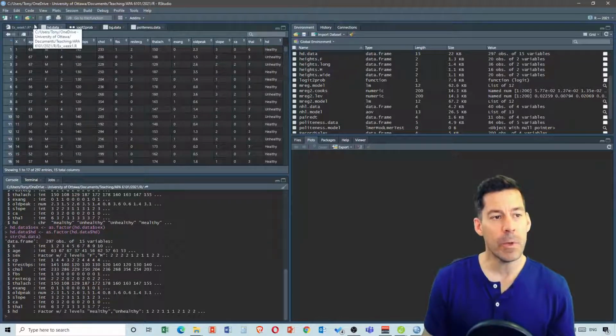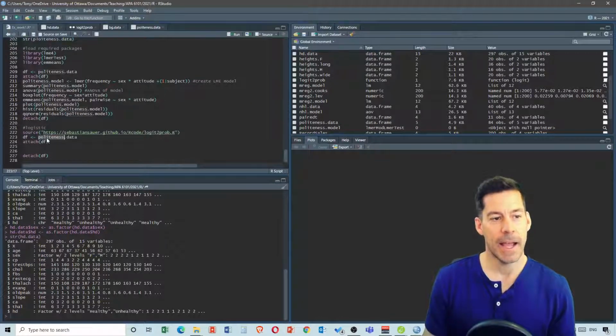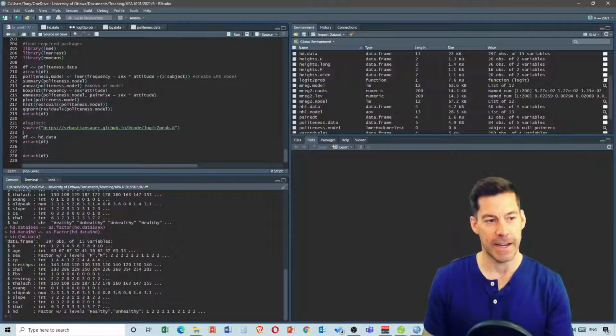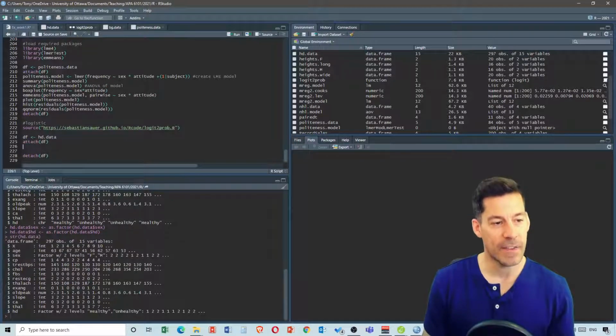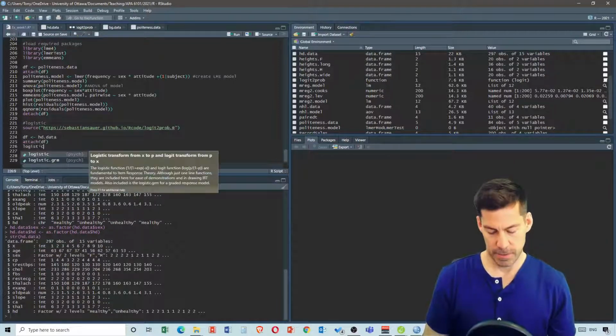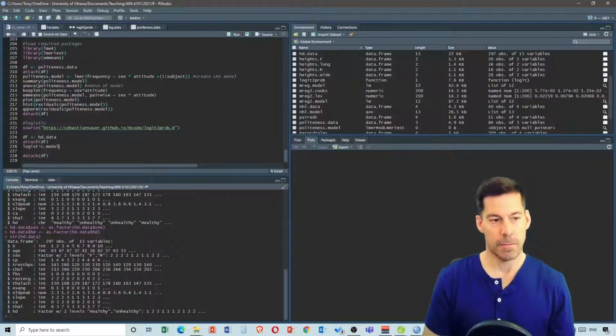So now that we've got our data in, I can import that into a data frame for each of our analyses here. Our data frame is going to include hd.data. Then we're going to attach the data frame, and then we just need to create the model. So let's call this logistic.model.